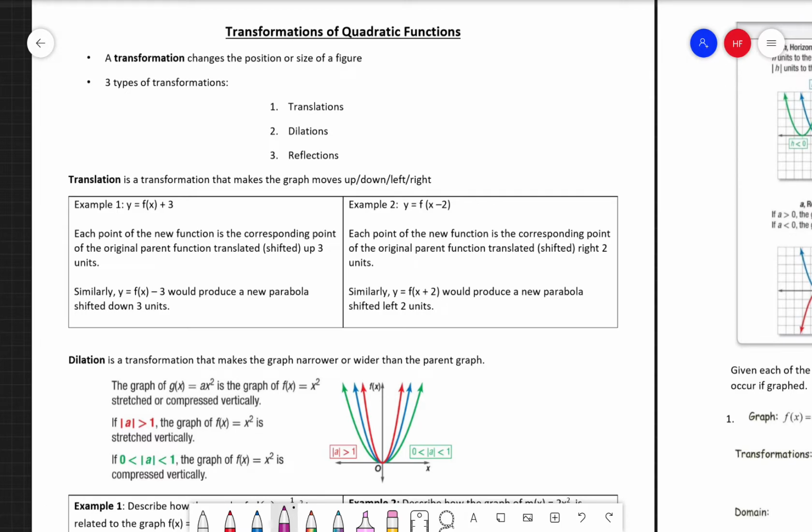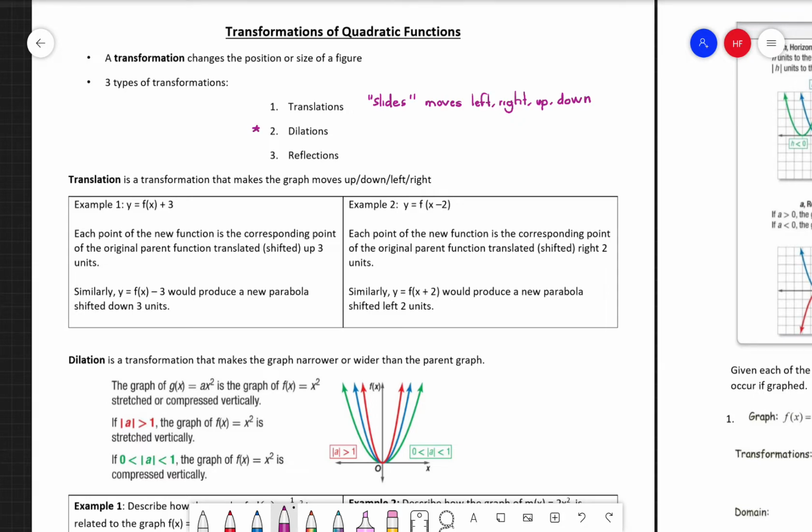So translations are the ones that we call slides, moves left or right. You can move up and down as well. Dilations is probably new.